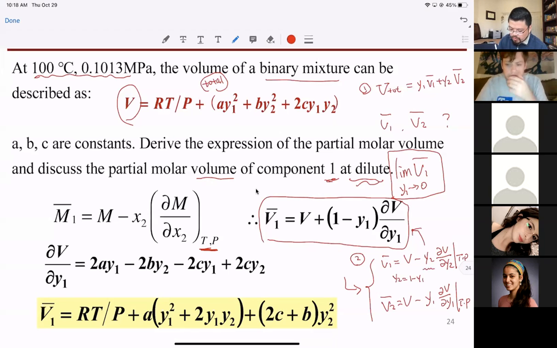We are also replacing dy2; dy2 is negative dy1. Then you are going to have this equation: V1 partial is the total volume plus 1 minus Y2 times dV over dy1.